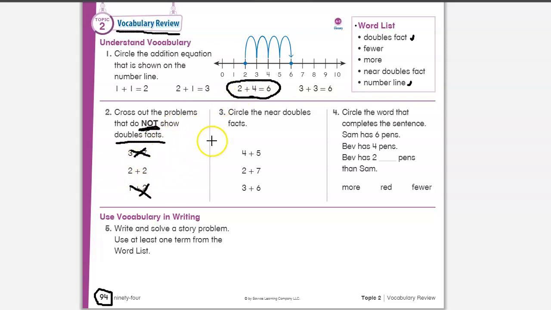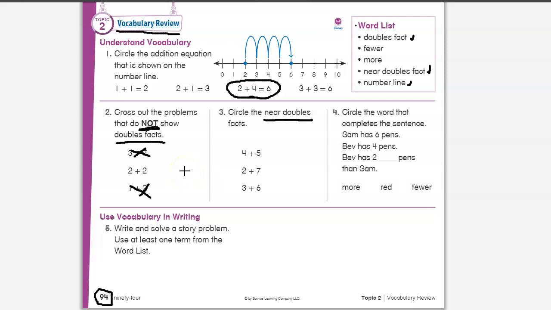So let's move to number 3. Number 3 says circle the near doubles fact. Now we're working with near doubles. This is also one of the words that was on our word list. A near doubles fact is a fact that is close to a doubles fact. Remember, a doubles fact is like what we saw in number 2, how we have 2 plus 2, and also the examples of 4 plus 4, 6 plus 6.